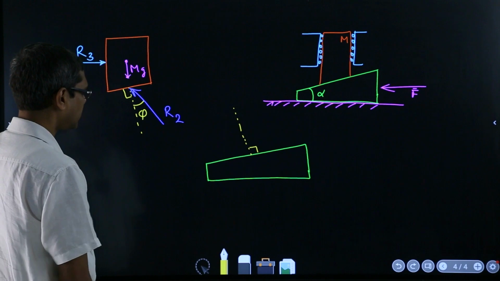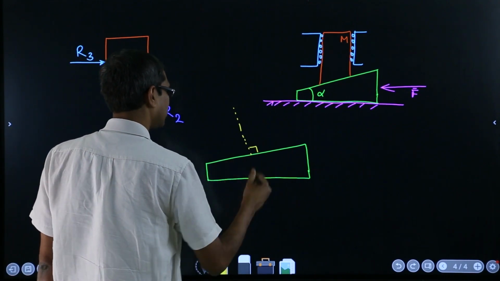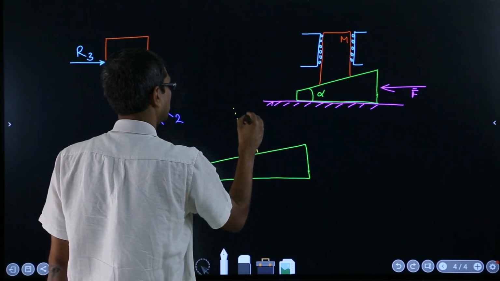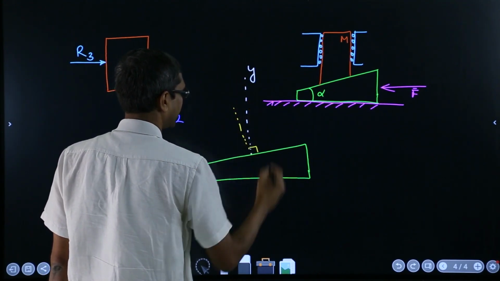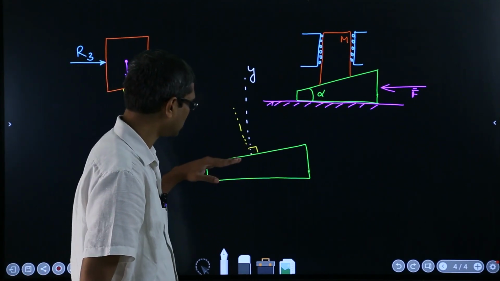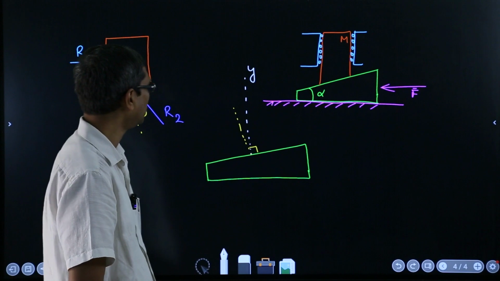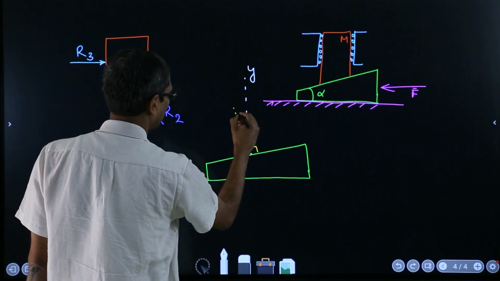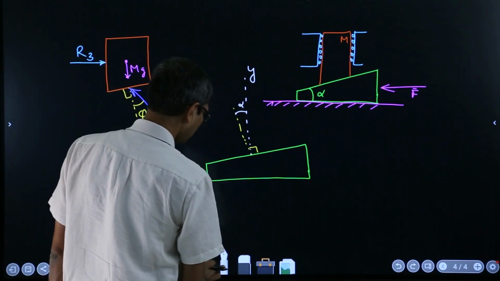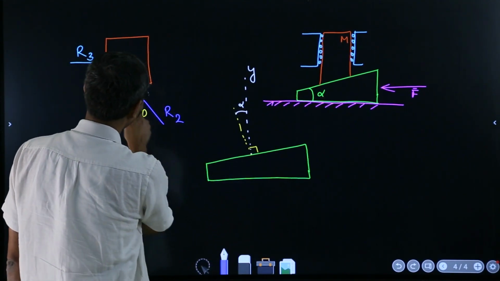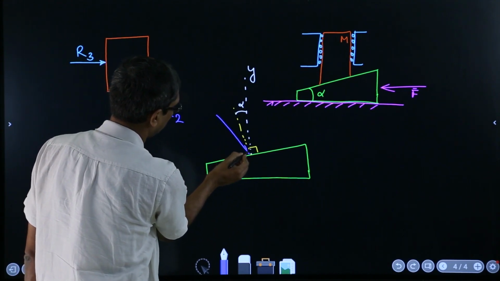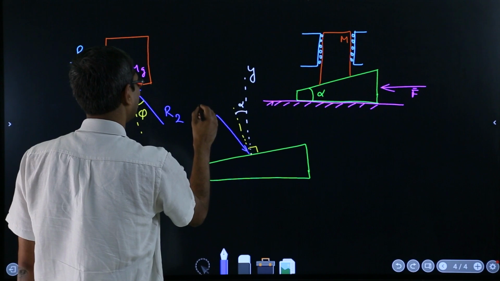Now if that is the perpendicular to the surface, then I can in fact draw the actual perpendicular to the ground like that, say the y axis, just to make it clear that this is perpendicular to this surface and this is perpendicular to the ground. So this angle will be alpha, and this one will be exactly in this direction, right? So this is R2.